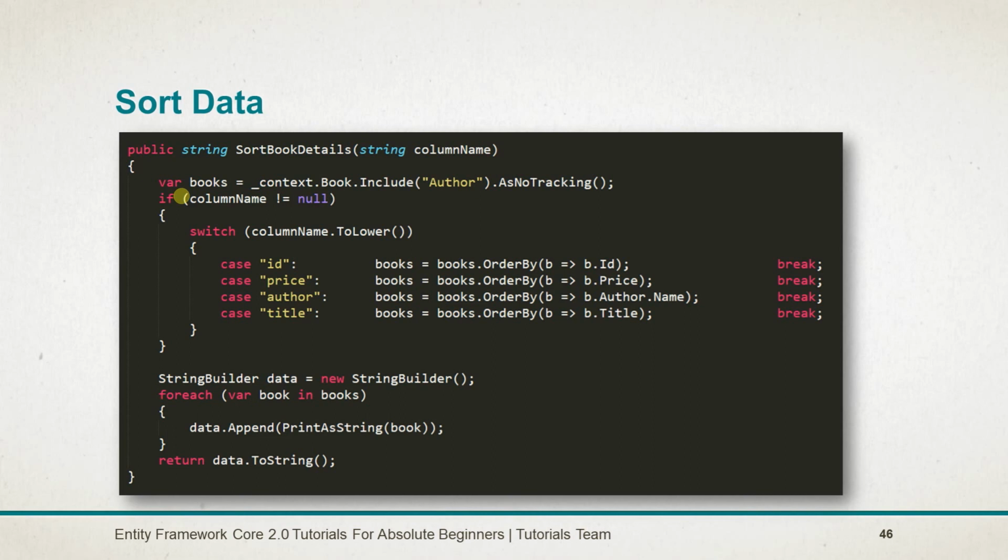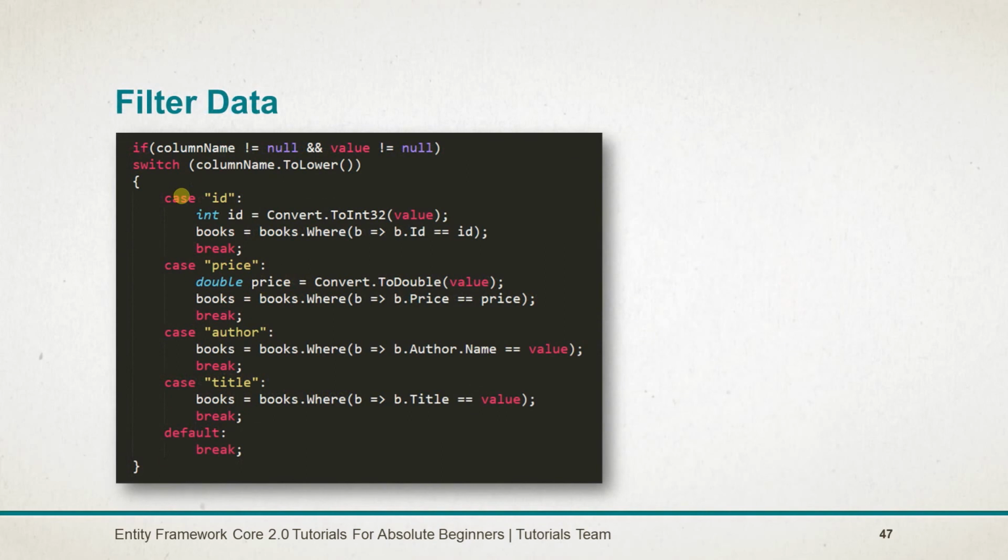To sort the data, we use the OrderBy method of LINQ. Then we created the FilterBookDetails action, which takes the value along with the column name. Based on that, we are retrieving the data. To filter the data, we use the Where method of LINQ.